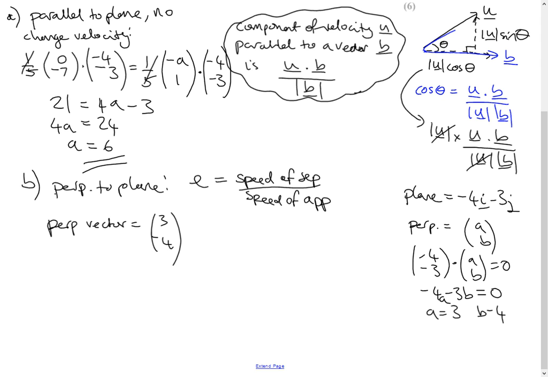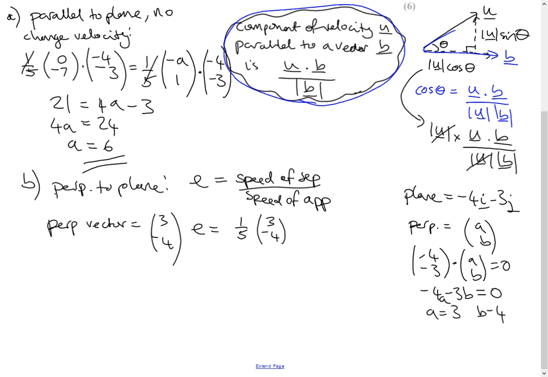And then I can just again use my key fact here in order to work out the two speeds. So e is going to be the component perpendicular to the plane. Again, this is going to have the same modulus, so it's going to be modulus of 5.